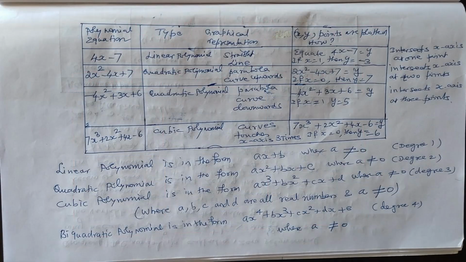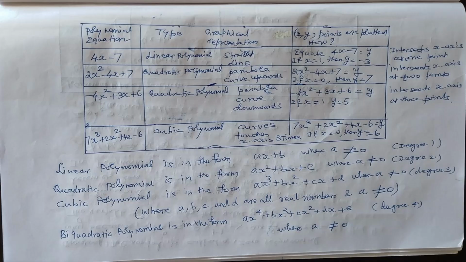To plot them in a graph, you have to equate 4x minus 1 equal to y, where if you give the value of x equal to 1, then y is equal to 3. Like this, you can plot 2, 3 points and then connect these points. Then you will get a straight line. 2x squared minus 4x plus 7 is a quadratic polynomial, parabola curves upwards. Equate it to y.